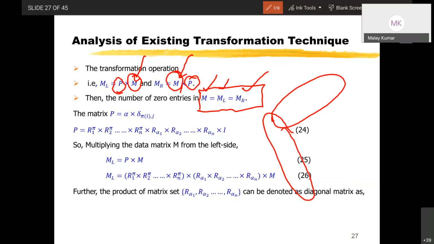Even though it performs a traversal of elements row wise and column wise, the number of zeros present in the input matrix will be the same. That is not going to change, because multiplying something is not going to hide the element with zero value.